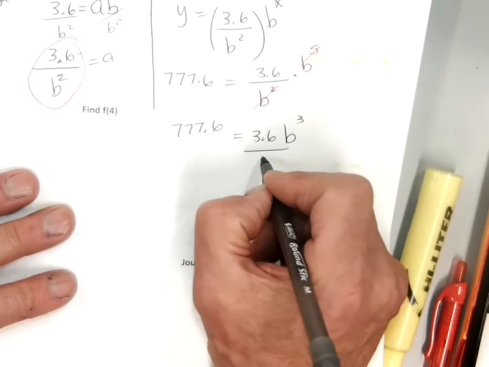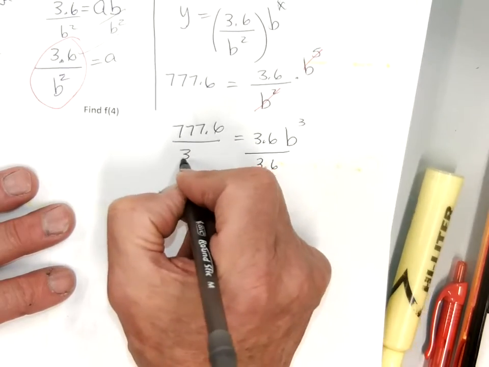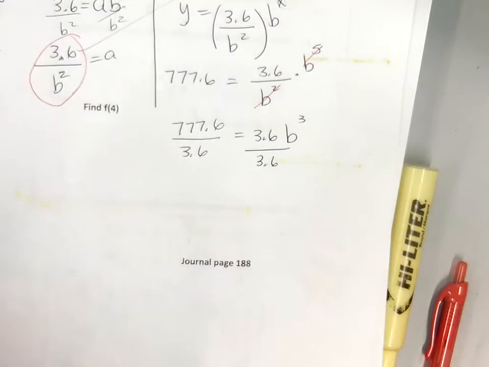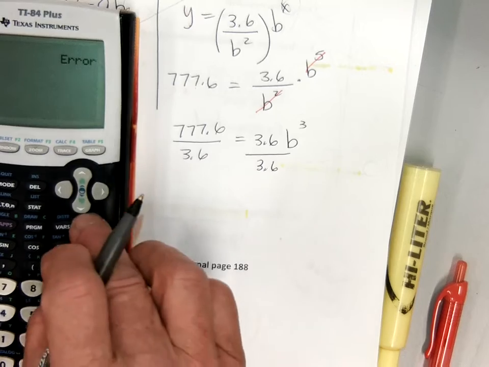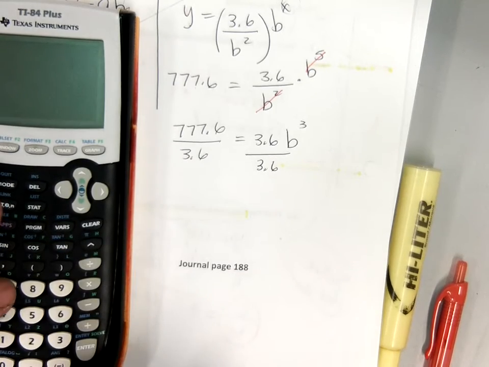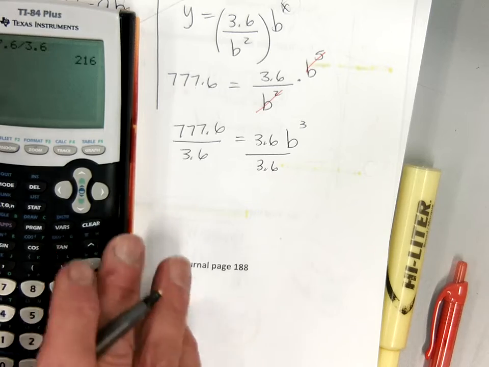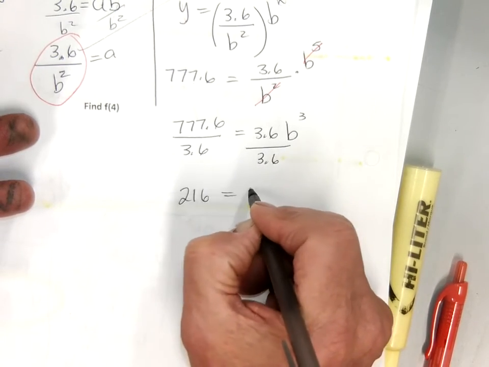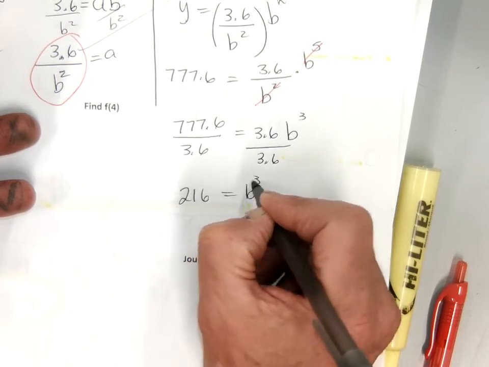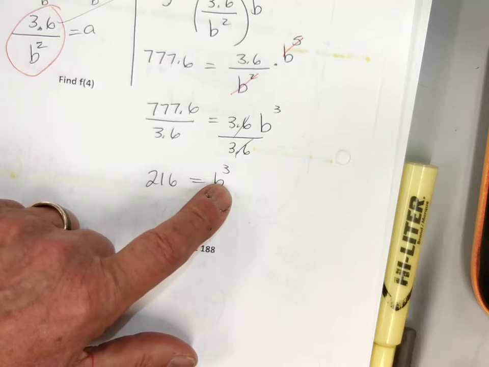I'll divide by 3.6 first. I'm going to use my calculator: 777.6 divided by 3.6, and I get an answer of 216. Oh, I got a nice number. 216 equals b cubed, because that canceled.